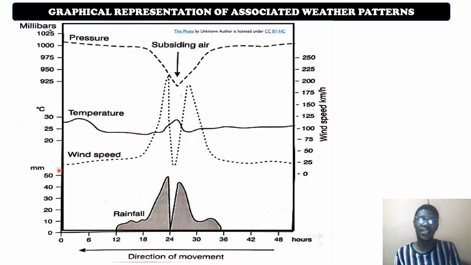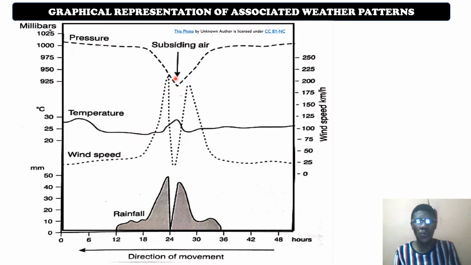And you see that at some point our wind speed starts to shoot up, and if you look at the graph there, our pressure starts to slightly increase a bit, so wind speed starts to shoot up, and then our pressure drops significantly here towards the center, and we say that at the center we have subsiding air.